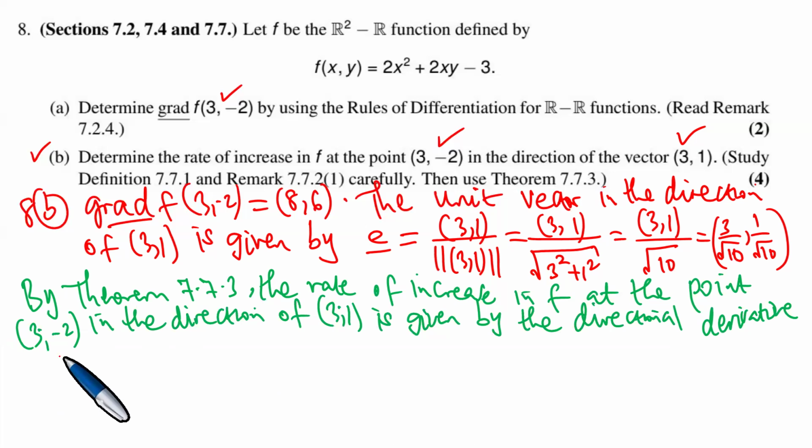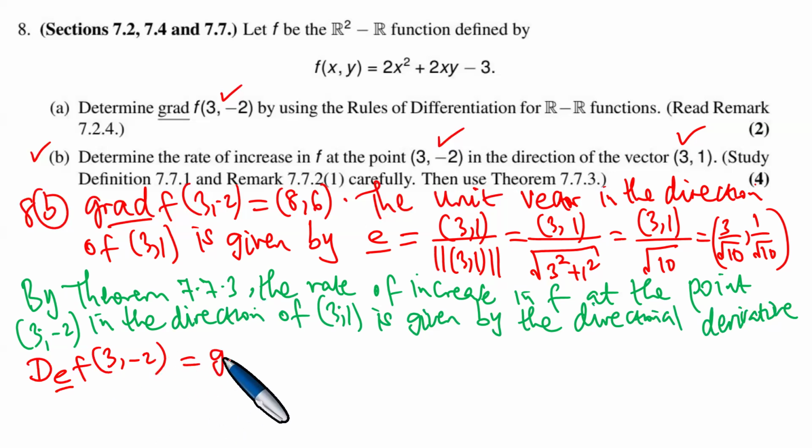The directional derivative means that we are speaking about the directional derivative in the direction of the vector 3, 1, and it is the directional derivative of the function f at 3 and minus 2.